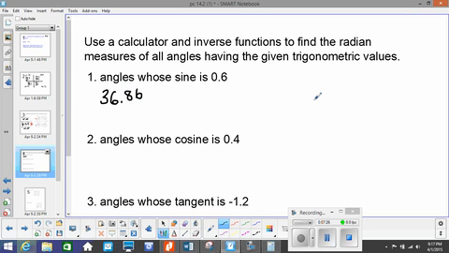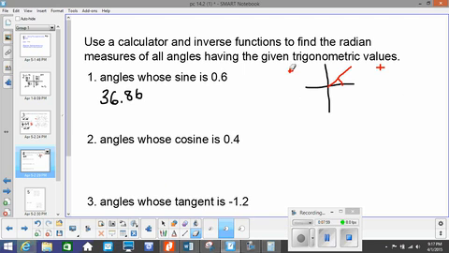However, when you are doing this, chances are you're going to have two answers. So if I were to sketch 36.86, it would be roughly there. Not 100% drawn to scale. And that 0.6 is positive, so that means sine is positive in the first quadrant and in the second quadrant.